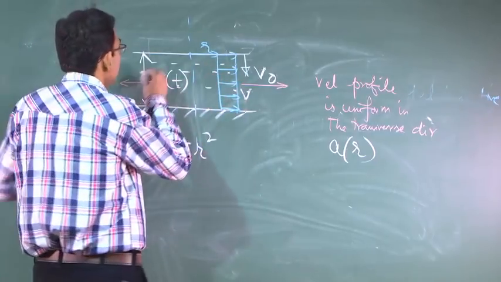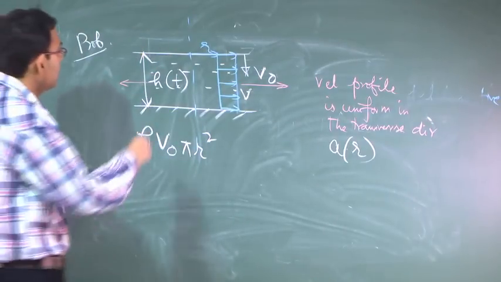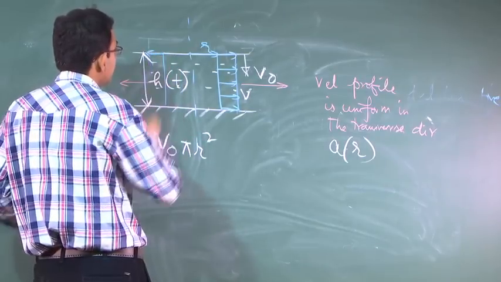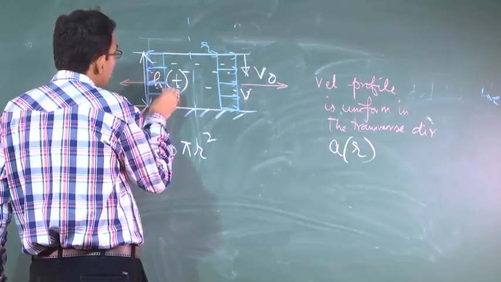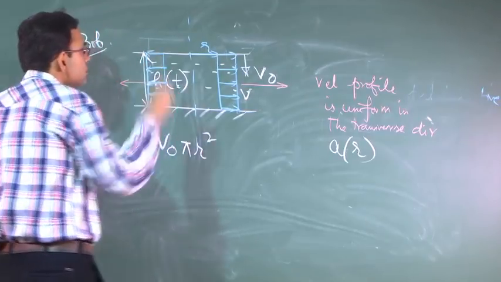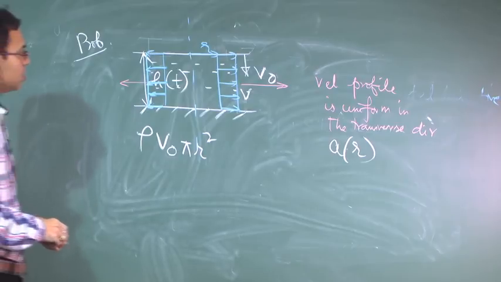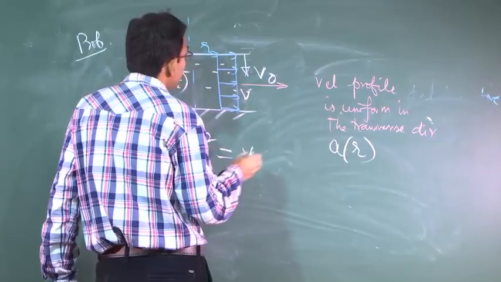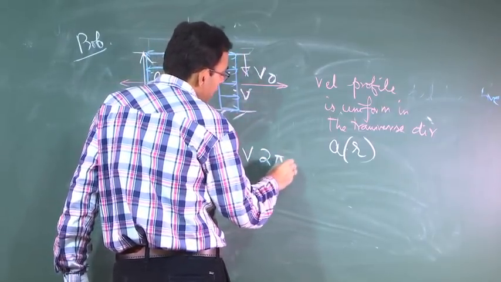So, radially, from this side also to complete the diagram, so it is radially from all directions basically. So, in a sectional view it will look like this. So, this is V into the area 2 pi r h.